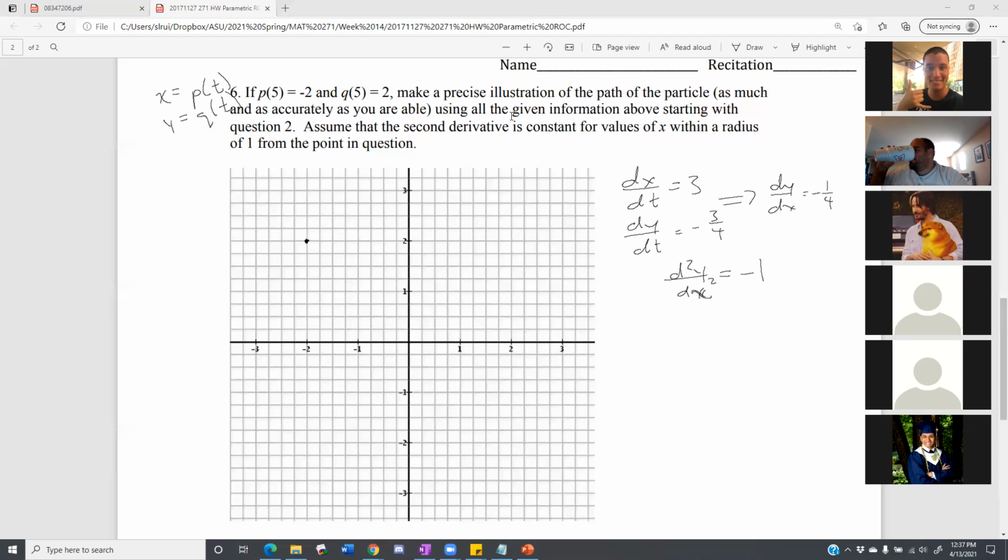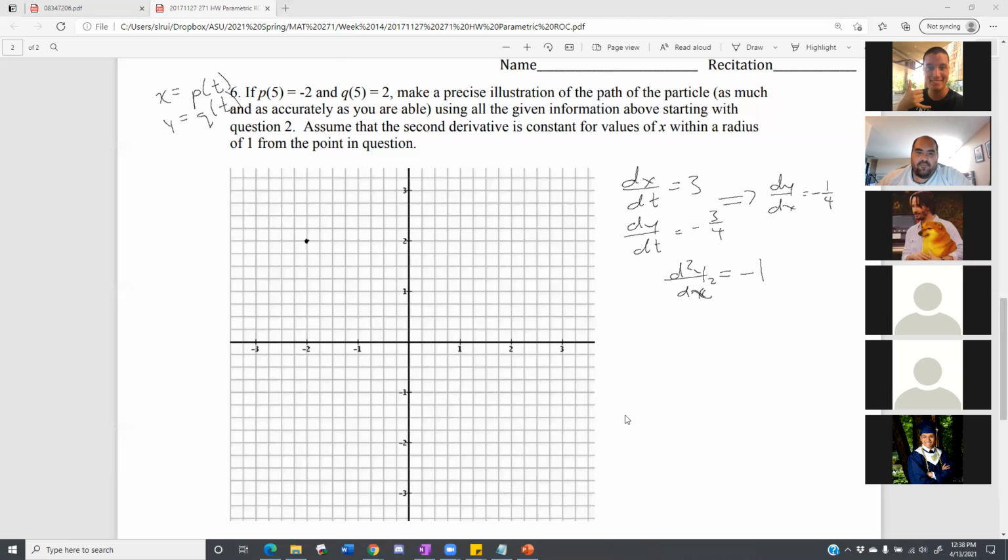Yeah, I don't know what to do, honestly. Okay. So P of 5 equals negative, but there's no 5. So what does this 5 represent in P and Q? T. Yeah, that's a value of T, right?